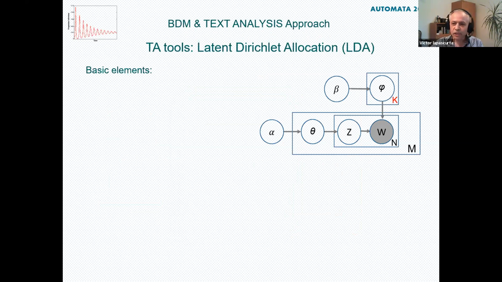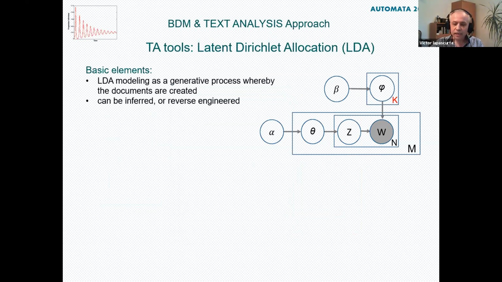What is important is K, or topics present here, and beta as a parameter of distribution.